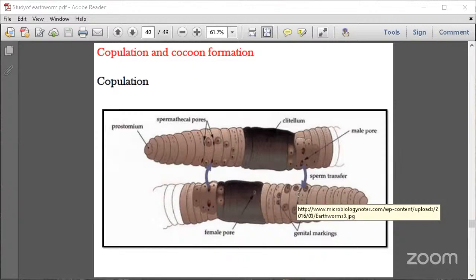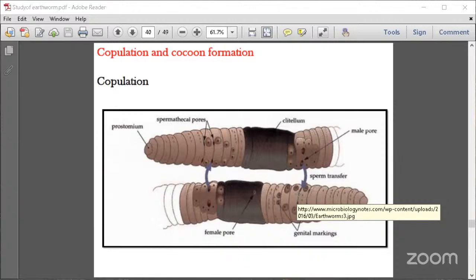The transfer of the spermatozoa of one worm to another is called copulation, or cross fertilization. Copulation takes place during the rainy season from July to October, at night or early in the morning, at dawn before sunrise.